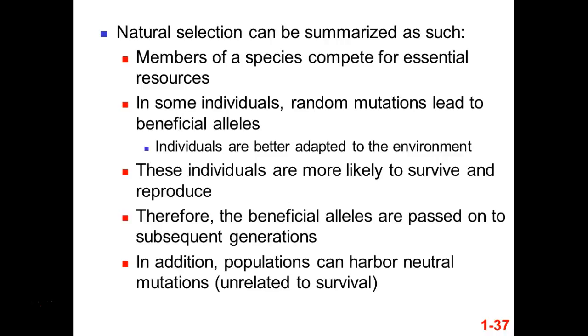You can also have neutral mutations where changes in the DNA aren't good or bad. They're not beneficial and they're not lethal, and therefore not related to survival. That's what we mean by neutral. It's not going to determine whether you live or die or live better.